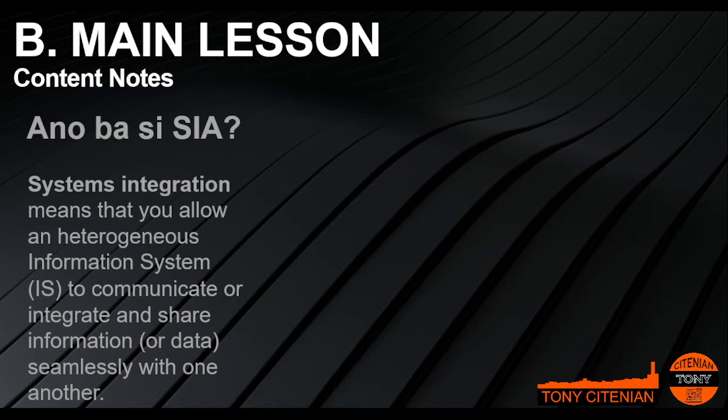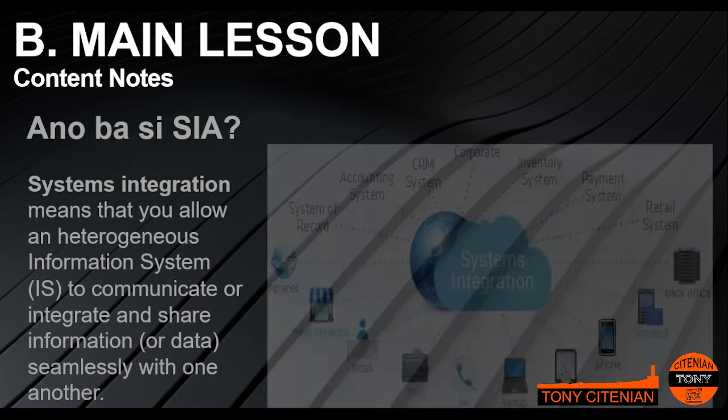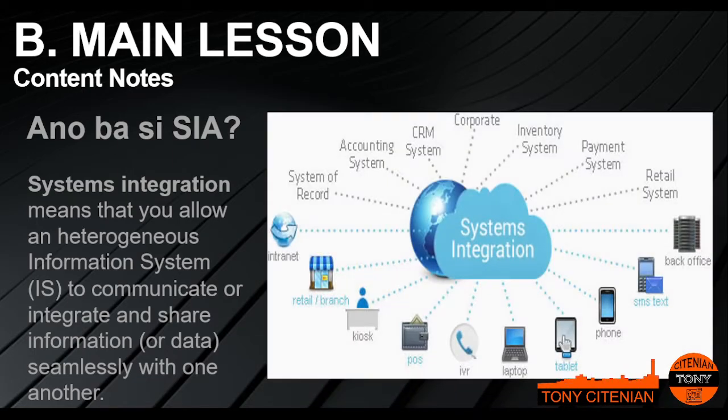System integration is a key issue for organizations. For its growth, management needs to pay closer attention to this issue. As shown on your screen, we have an example illustration. We have the system integration at the center and the components around it.